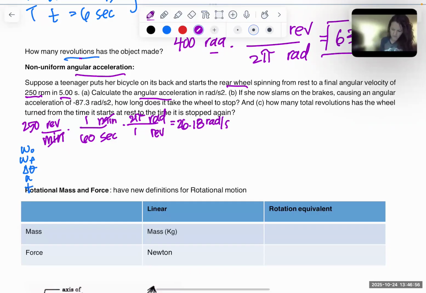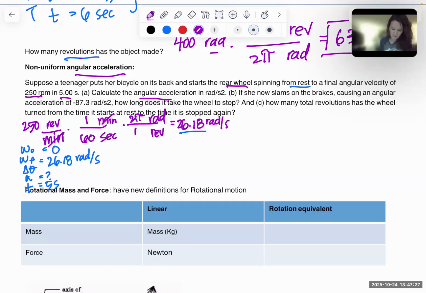So we have a final angular velocity of 26.18 radians per second. It started from rest, so we start at 0. Oh, and it goes for 5 seconds. And we want to know the angular acceleration. And so if I have initial and final angular velocity, I have my time, I want to know my acceleration.